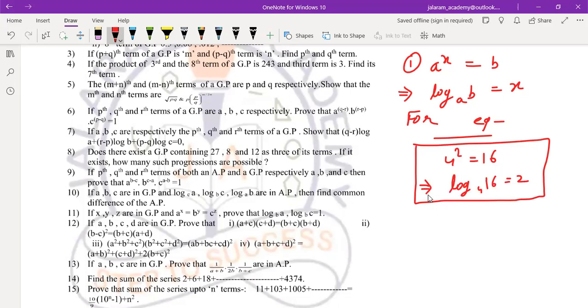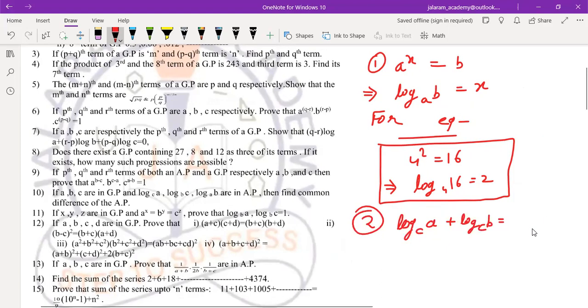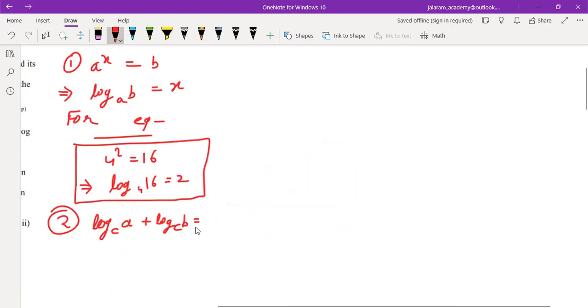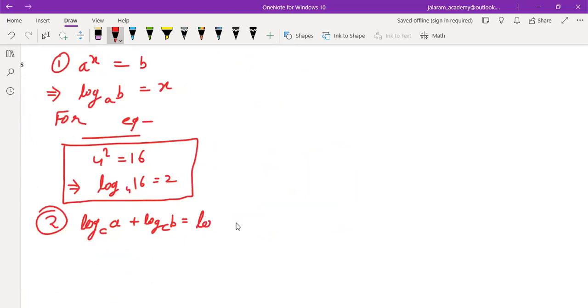Now again, the second property, the sum of two logs: log a to the base c plus log b to the base c becomes log ab to the base c.